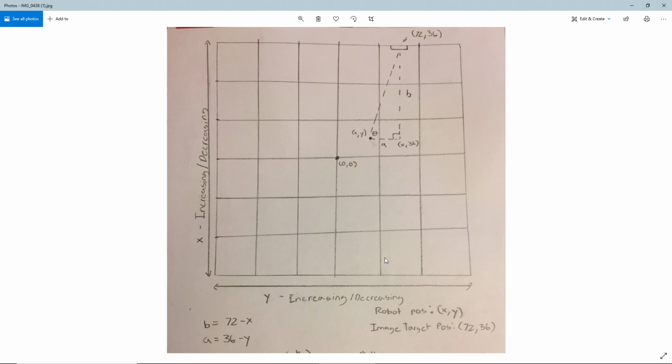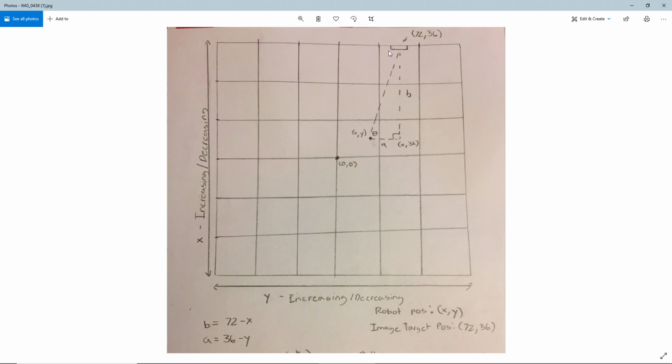The image target position. Let me give some context for this. This rectangle right here that I've drawn in is our tower goal in a two-dimensional plane. I've drawn it like this because right underneath this tower goal, which is one of the objectives of Ultimate Goal, we want to shoot rings into the tower goal.